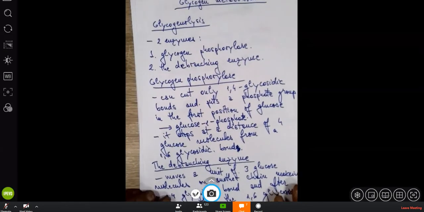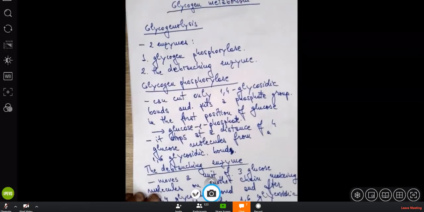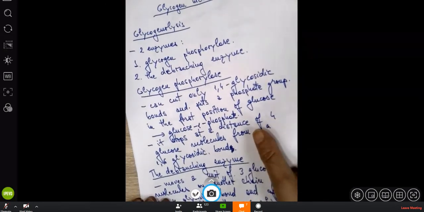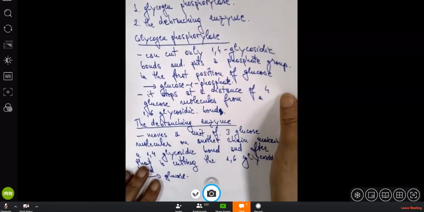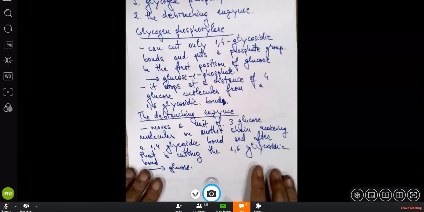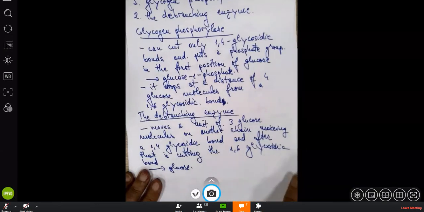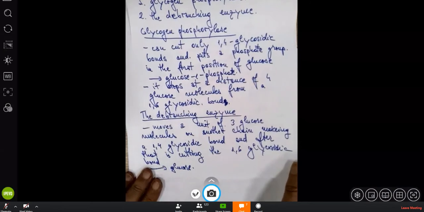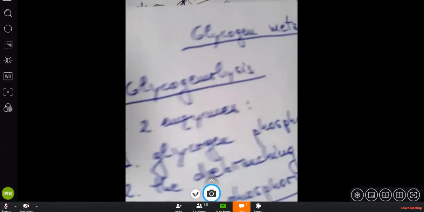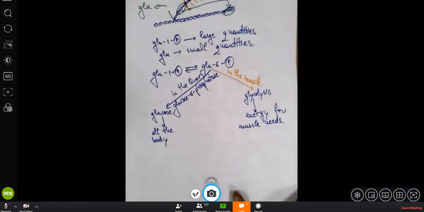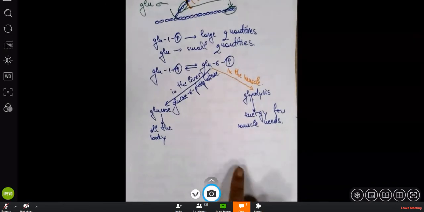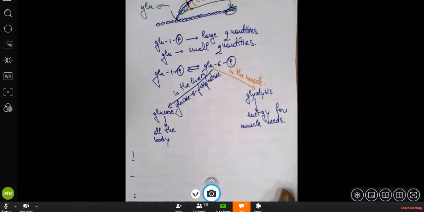So, glycogen metabolism, glycogenolysis. We were speaking that we need two enzymes, glycogen phosphorylase and the debranching enzyme. Glycogen phosphorylase can cut only 1,4 glycosidic bonds. The debranching enzyme is able to cut the 1,6 glycosidic bond. So, what is happening in the liver and in the muscle?